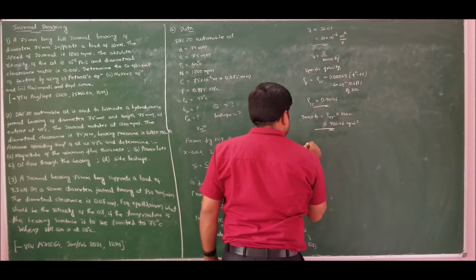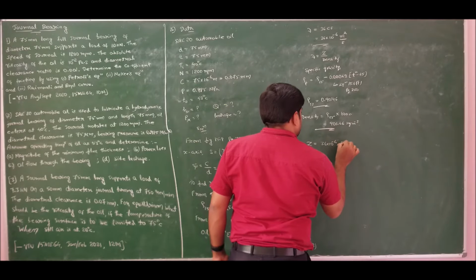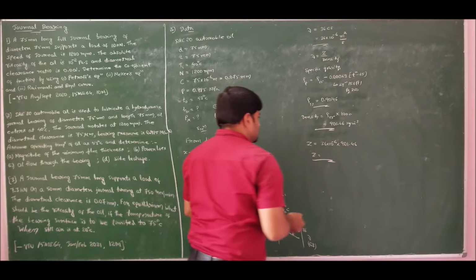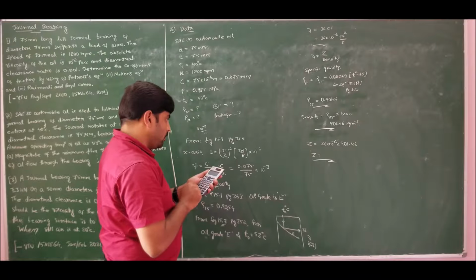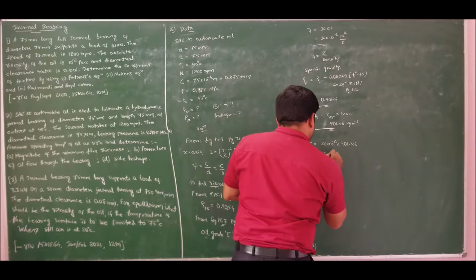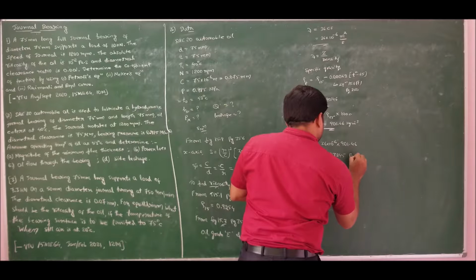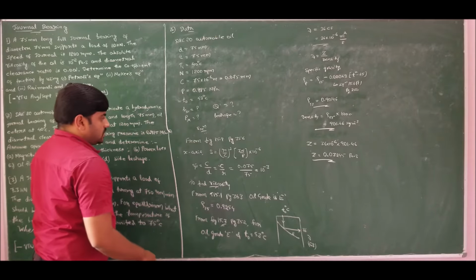Substituting into this equation, dynamic viscosity is 36 into 10 to the power of minus 6 multiplied by 901.46, which is nothing but 0.03245 pascal seconds. So we got the dynamic viscosity.